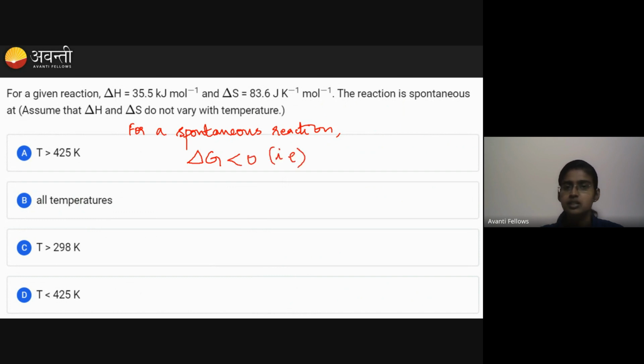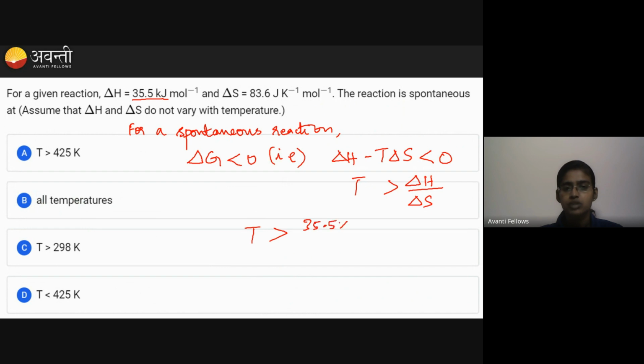That is, delta G is equal to delta H minus T delta S. This value should be less than 0. So what is T? T is delta H by delta S, right? And T should be greater than delta H, which is 35.5 kilojoule.